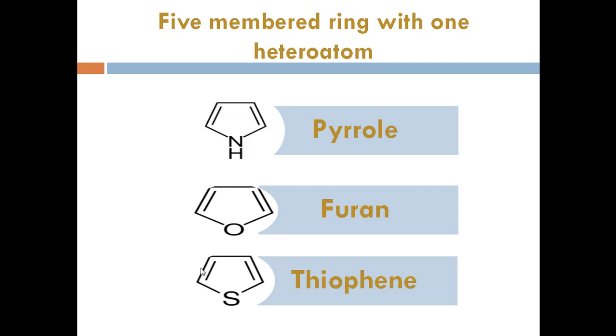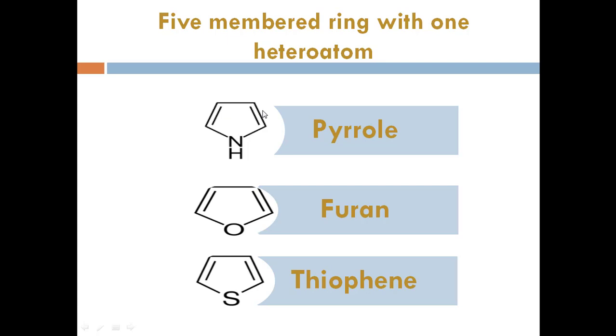According to Huckel rule, 4n plus 2 delocalized electrons should be in the structure for it to be aromatic in nature, right? So in pyrrole, 2 pi bonds, that means 4 pi electrons, and 1 lone pair of electrons on the nitrogen atom. Total 6 electrons are in delocalized form, right?